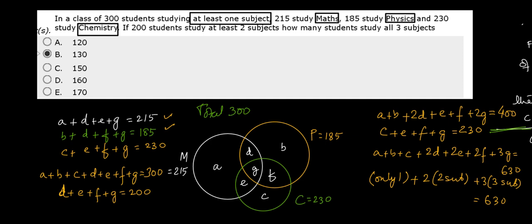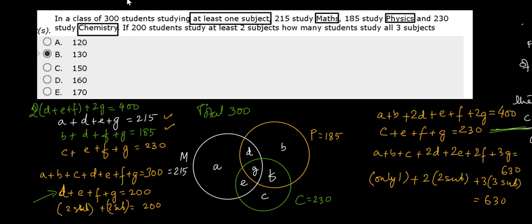And this one tells us two subjects plus three subjects is equal to 200. So if I multiply this by 2, I get 2 into D plus E plus F plus G is equal to 400.